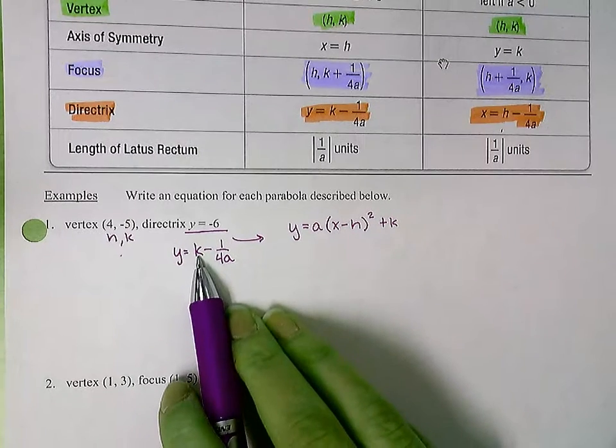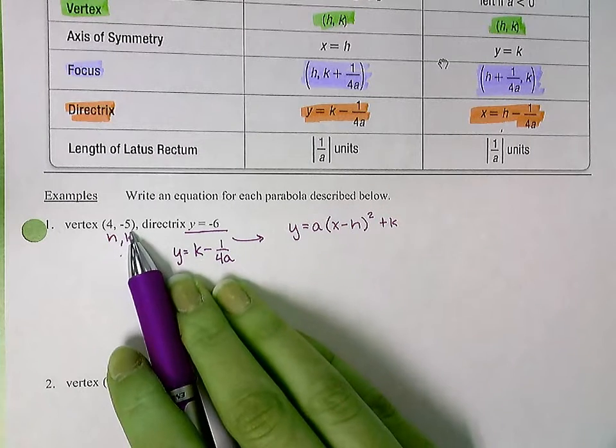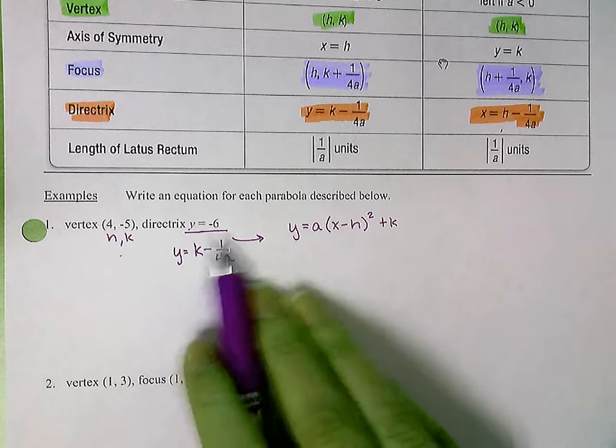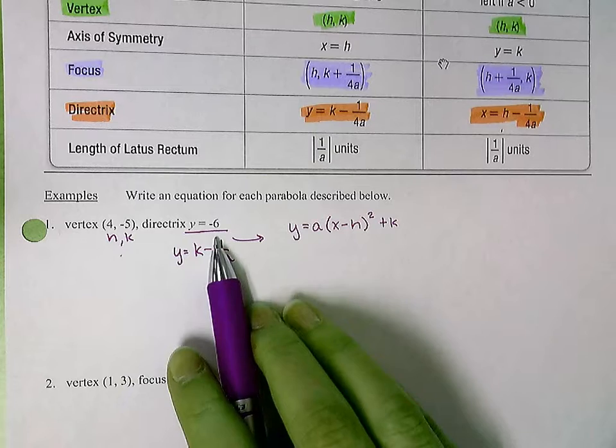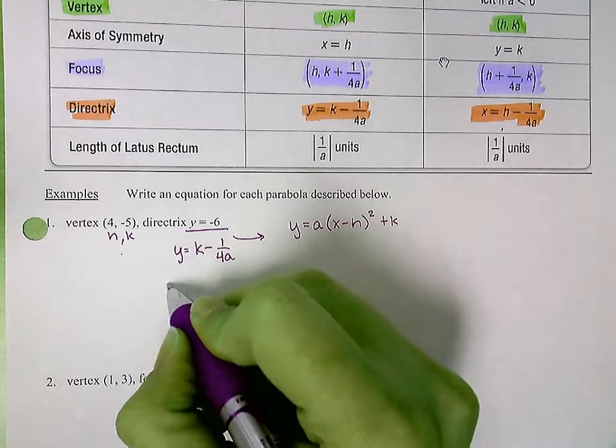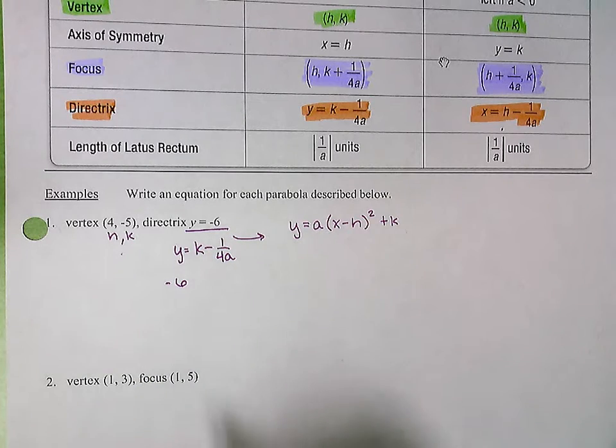I know k, right? That's negative 5. Now this y here, it already gave us what that equals. It equals negative 6. So I can plug in negative 6 for y, because that's what your directrix equals.